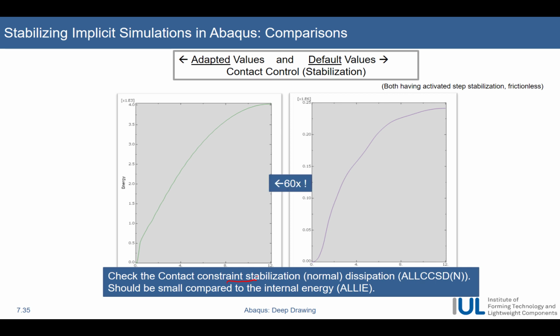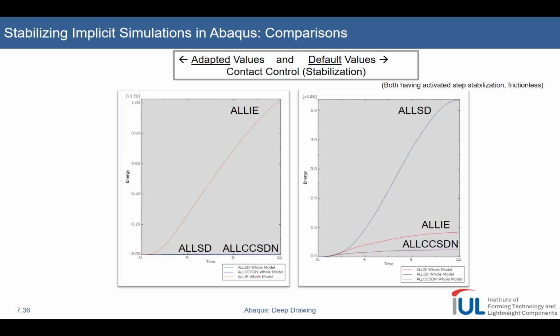So on the right, where I've used the default values, the artificial contact stabilization related dissipation energy terms were 60 times as much as in the case where I've used the adapted values, and where we actually have seen pretty physically accurate results. And if we now plot the three together, you see the following.